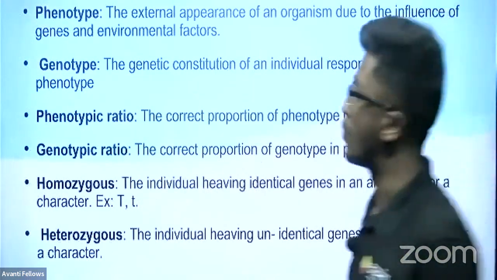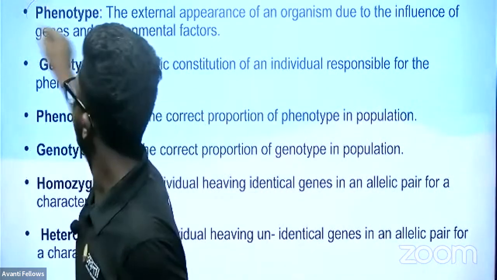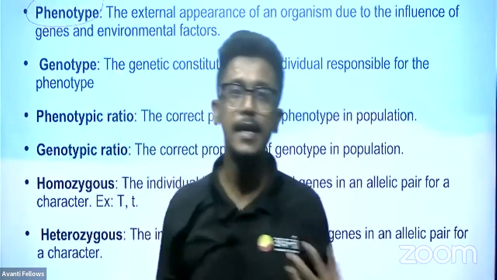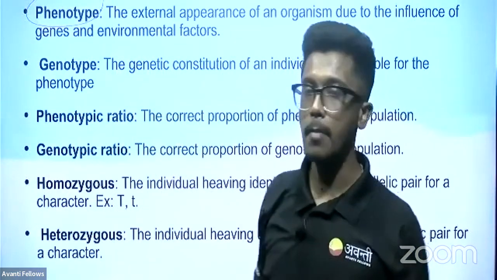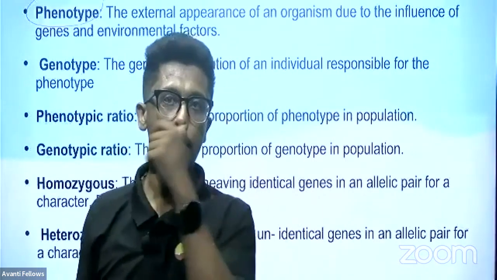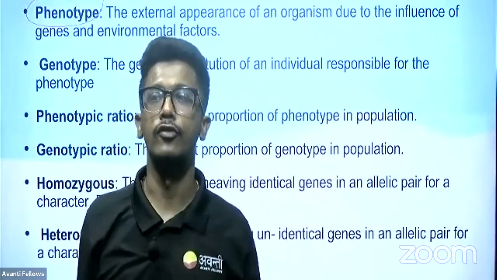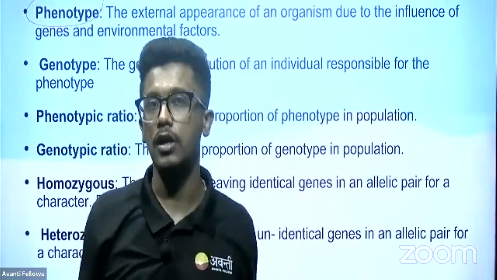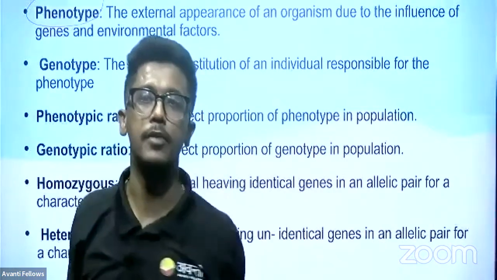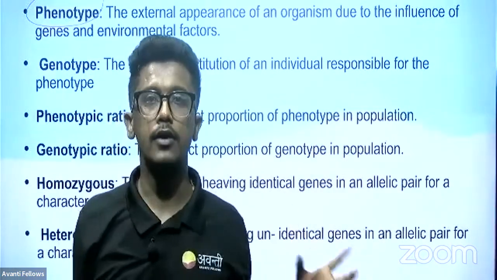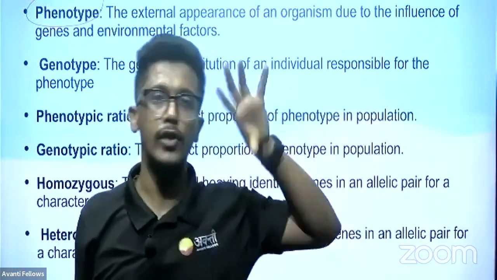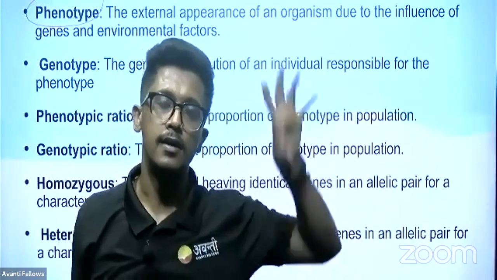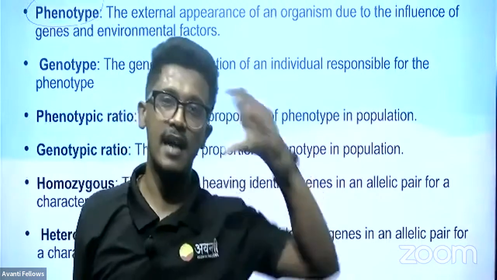Next one, what is a phenotype? Pheno means physical characteristics. If I ask you to look at an animal and describe it, you will say, sir, this is how it looks. It has a trunk, it has a tail, the tail looks like this, the skin color is like this, the eye color is like this.